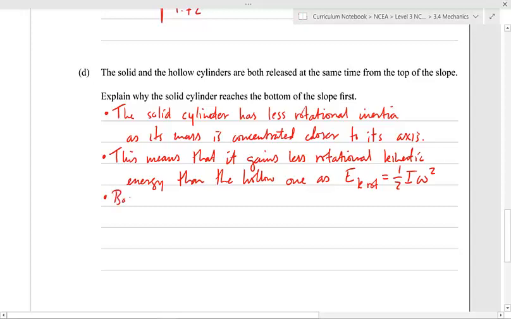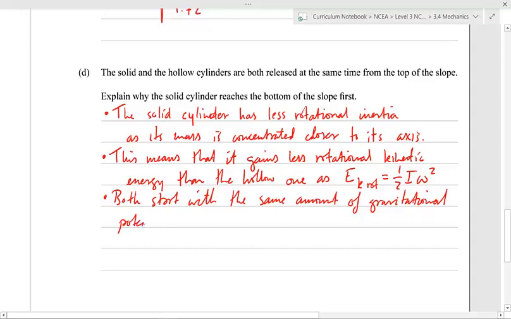Both start with the same amount of gravitational potential energy, and EGP is equal to EK translational plus EK rotational.